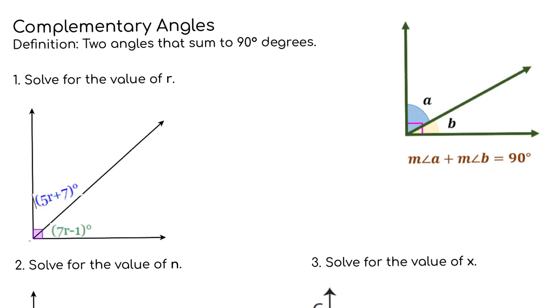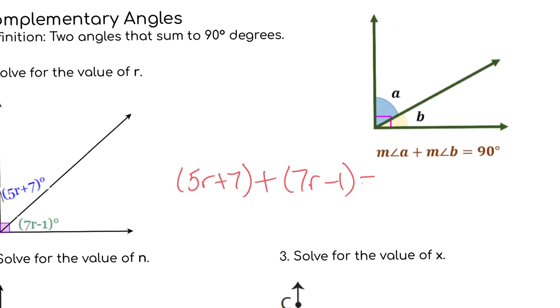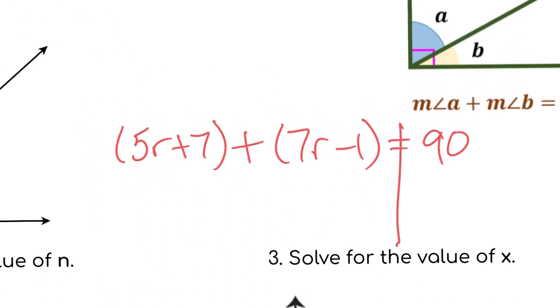So we're going to set up an equation: in parentheses, 5r plus 7, plus 7r minus 1, and when I add both of those together, they equal 90 degrees. This is a problem where we just have to go through and solve. First we have to get rid of the parentheses by doing what?